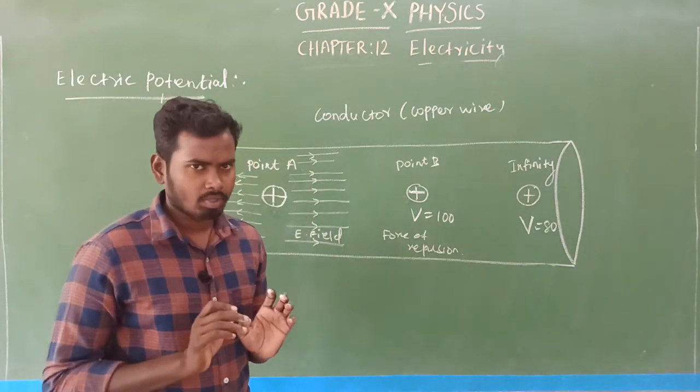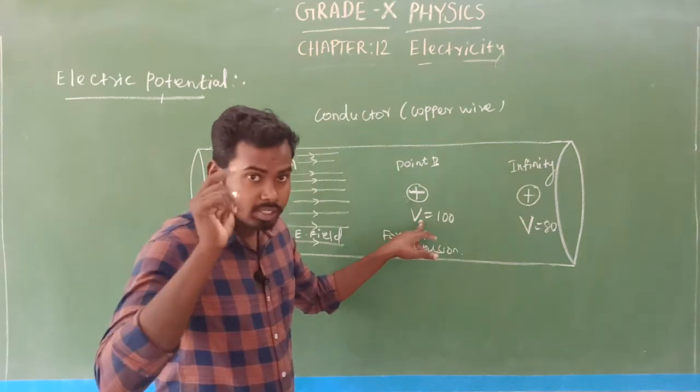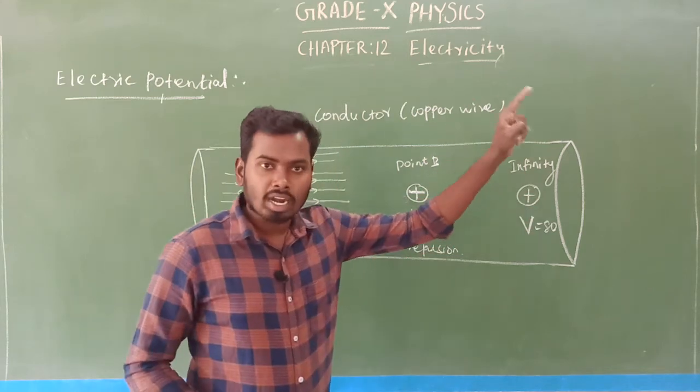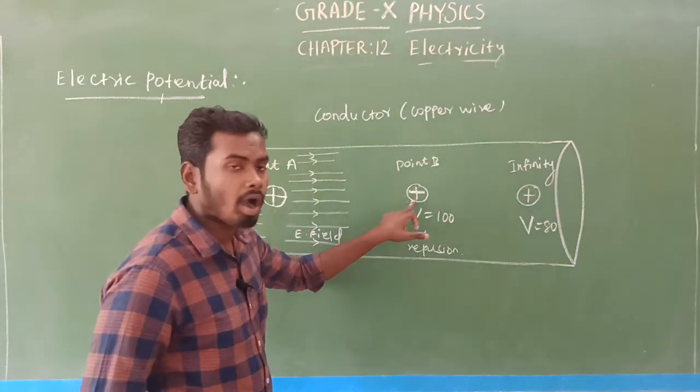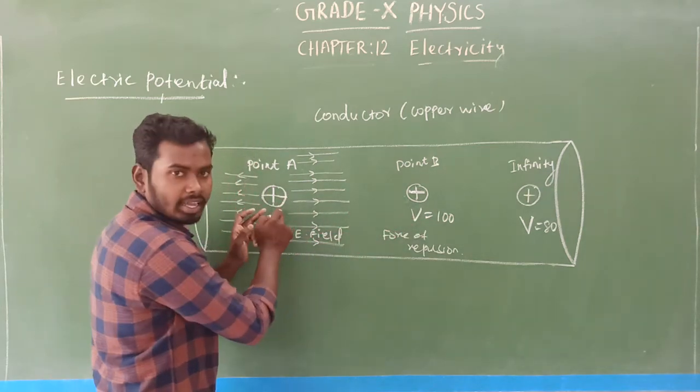Why, sir? Why will the potential be more here? Because note this point: we bring this positive charge placed at infinity to this point B. This point B is closer to the point A. Am I right or wrong?